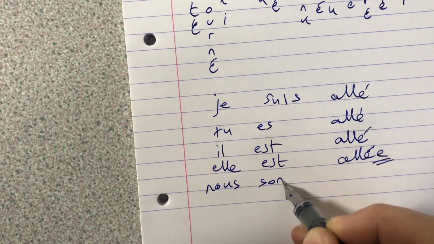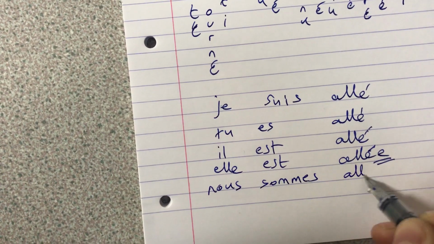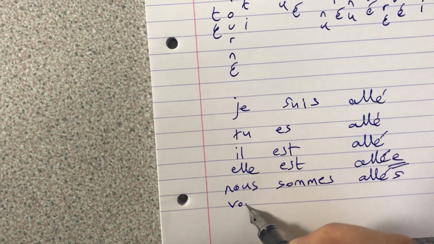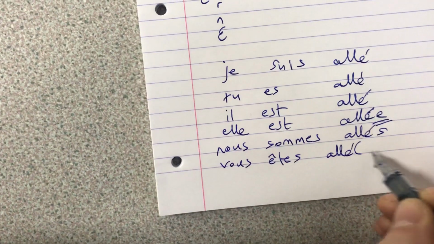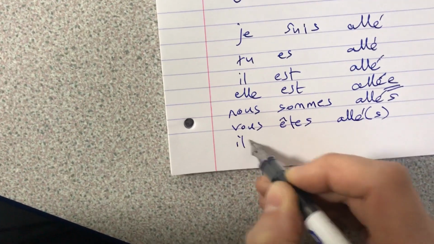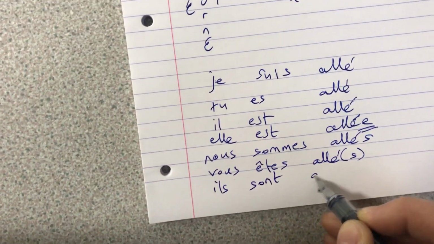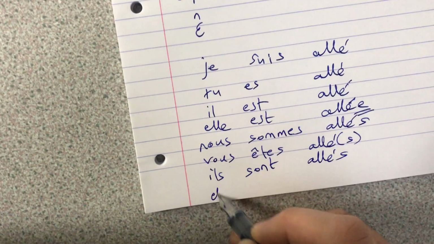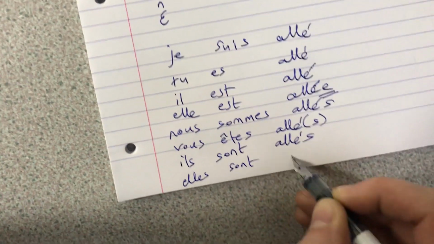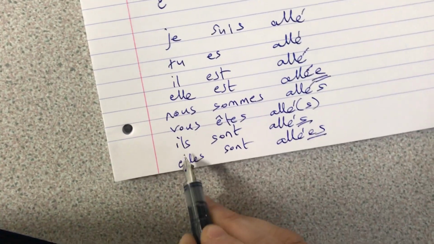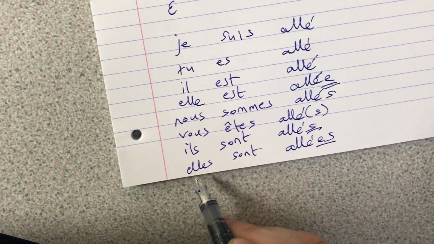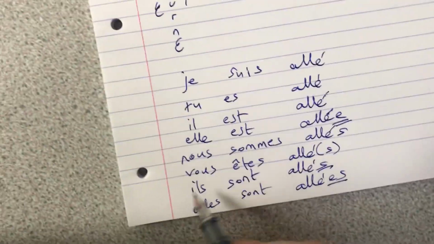Nous sommes allés with an S. Vous êtes allés with the optional S. Ils sont allés with an S. And elles sont allées with an ES. That's because it's plural. That's they went, and that's they went, but females. Remember that if it's a mixed group, you're going to use the ILS.